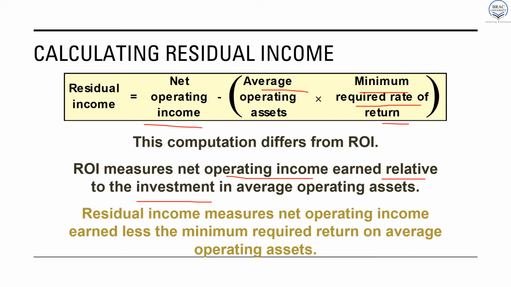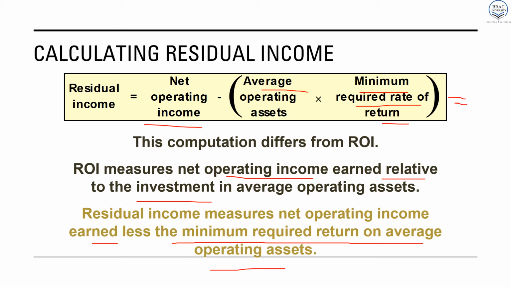But in residual income, we measure net operating income less the minimum required return on average operating assets. When we deduct the minimum required return on operating assets from the net operating income, whatever is remaining is my actual residual income.